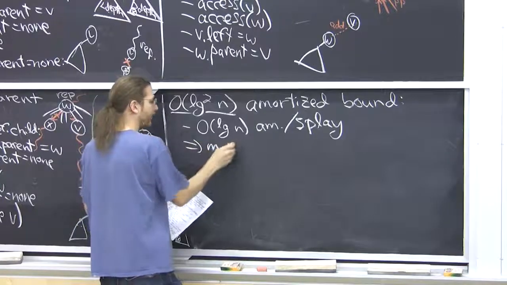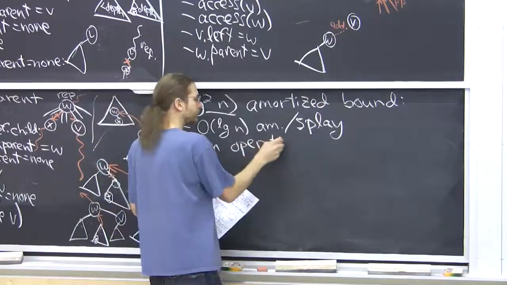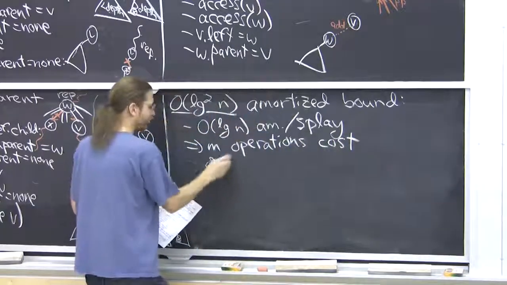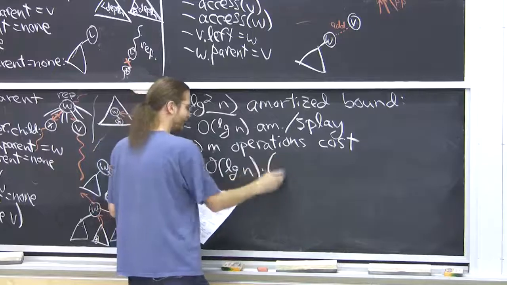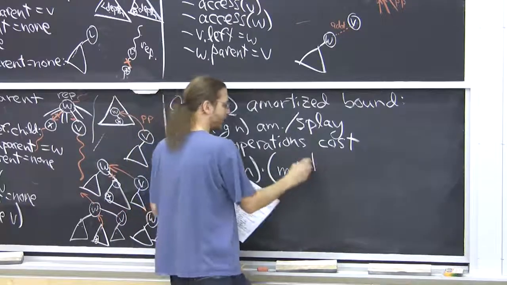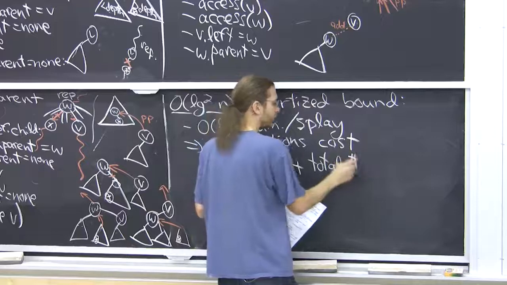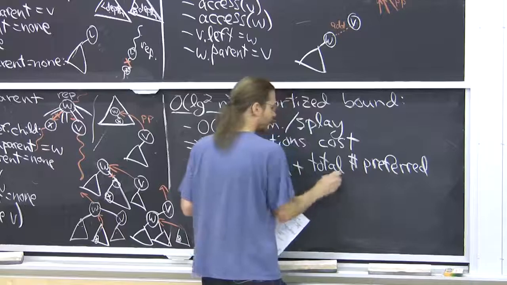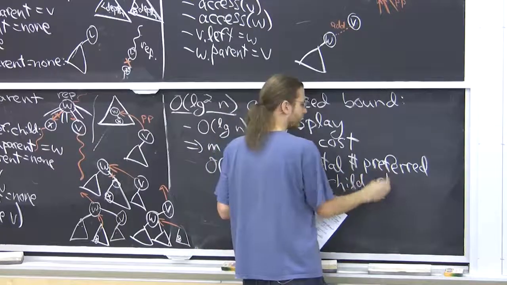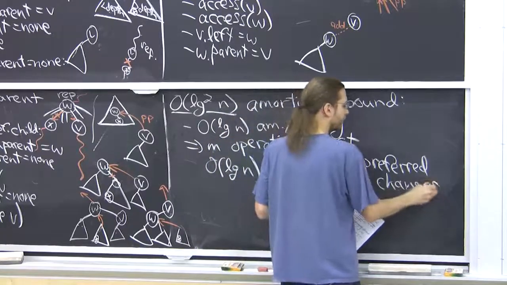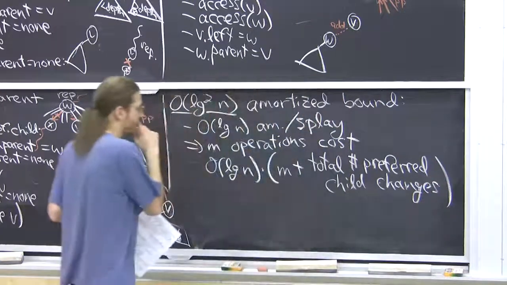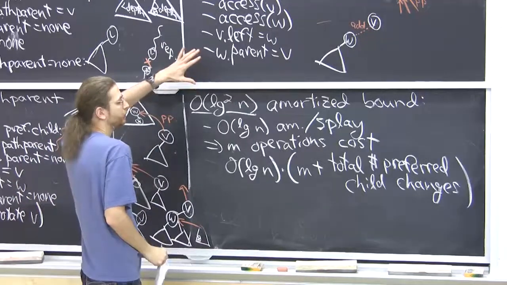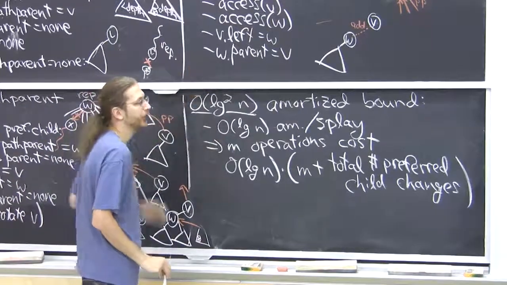So then if we do m operations, it's going to cost, we're not actually going to be done here, order log n times m plus total number of preferred child changes. This bound should be clear because every operation reduces to accesses plus constant amount of work.